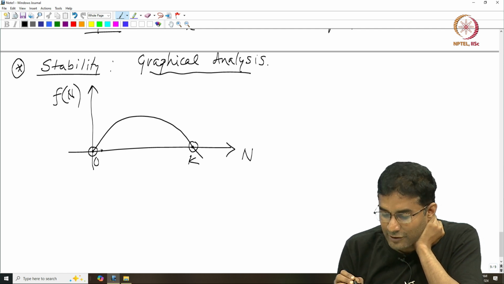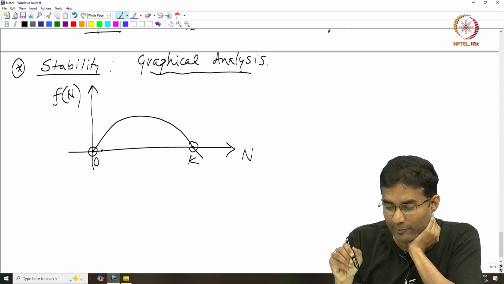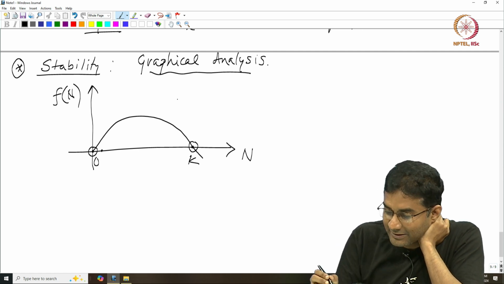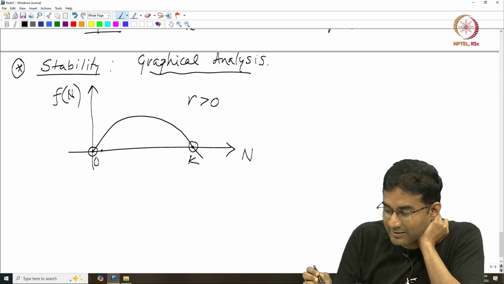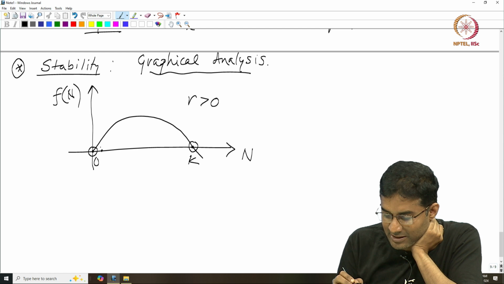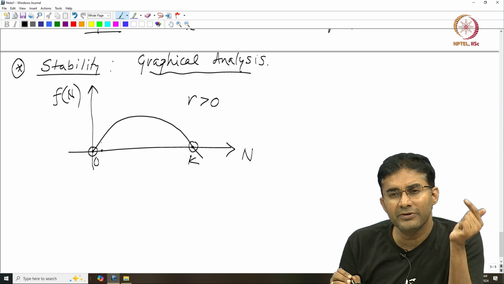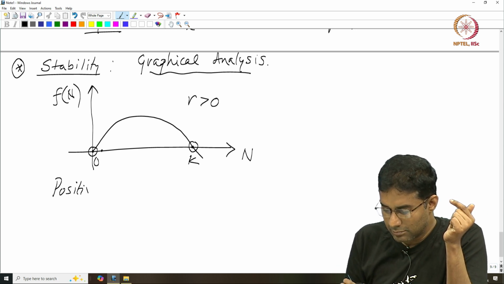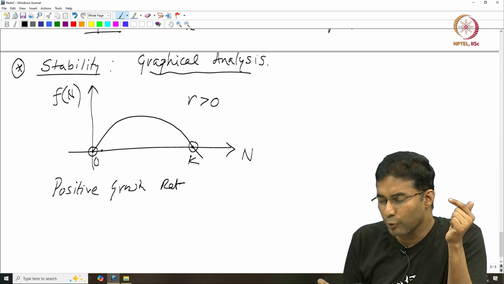Now, I have introduced a few individuals in this model. Remember that we are looking at the logistic population model here, with r greater than 0, and you look at what the population growth rate is at this stage. The population growth rate when we have made a small introduction is actually positive. What does a positive growth rate mean? Remember, growth means increasing.